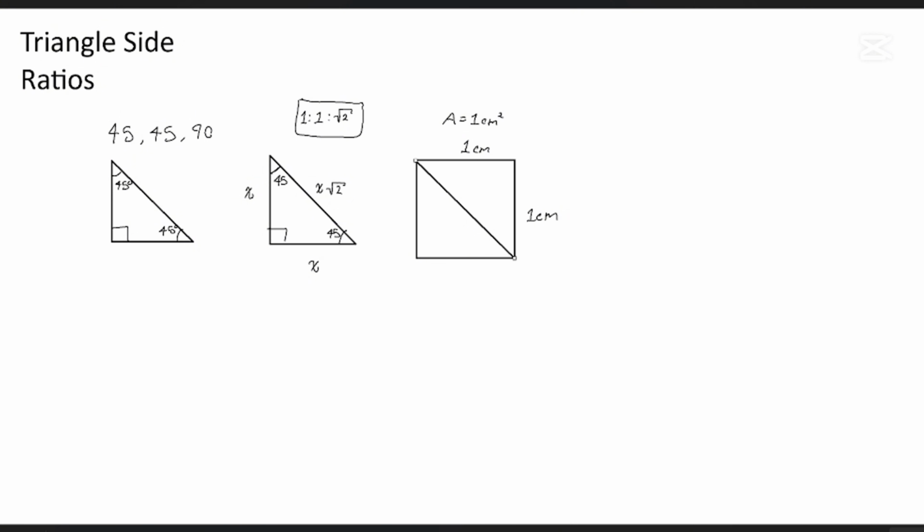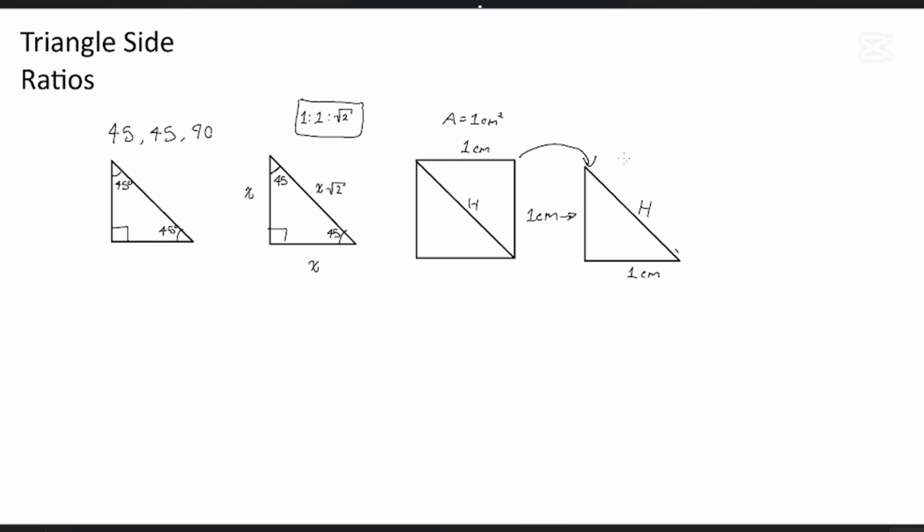And now you made two right triangles. Let's draw another little right triangle out here, pulling this triangle out. So now we know this side is 1 centimeter, and this side is 1 centimeter. But this right here is the hypotenuse.